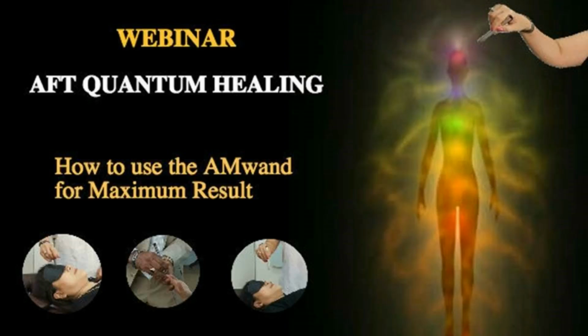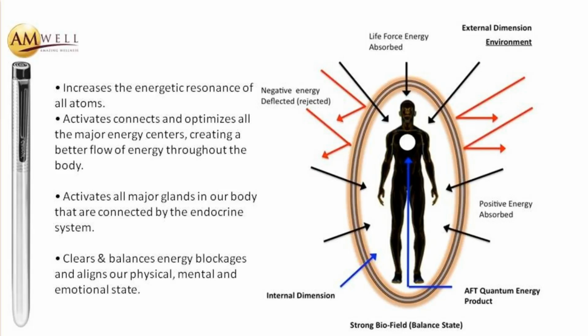Now, look at this simple illustration showing a biofield, which contains the source code of your complete energetic quantum. That field needs to be strong enough to bring in the right information and energy into the system, and to release the negative energies.